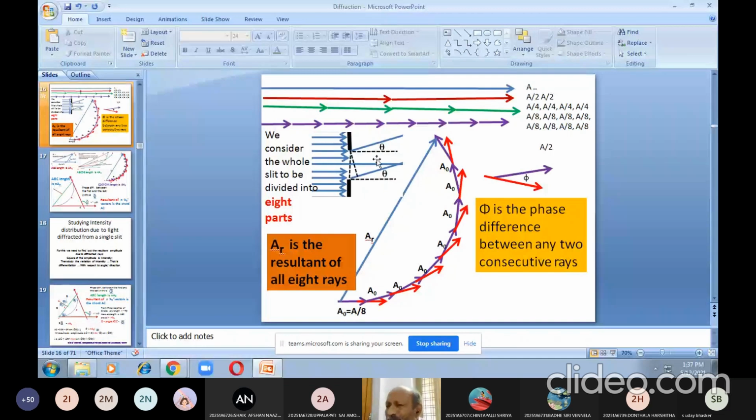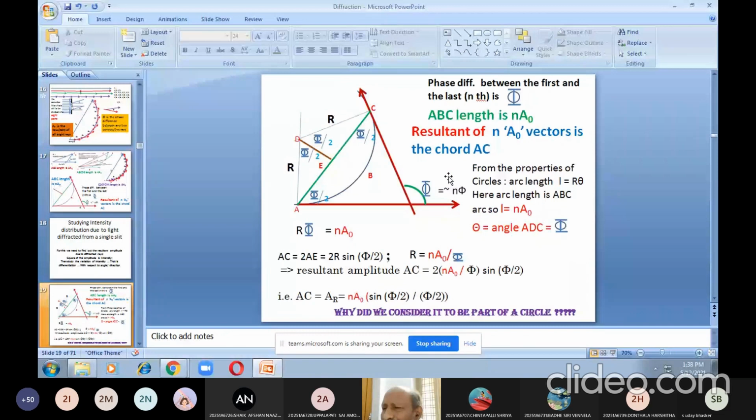So I have considered n number of waves coming out from the slit. The resultant amplitude of those n waves which are moving at an angle theta is given by this chord length AC, when ABC is the superposition of all the n amplitudes A naught, that means n waves coming out with amplitude A naught.